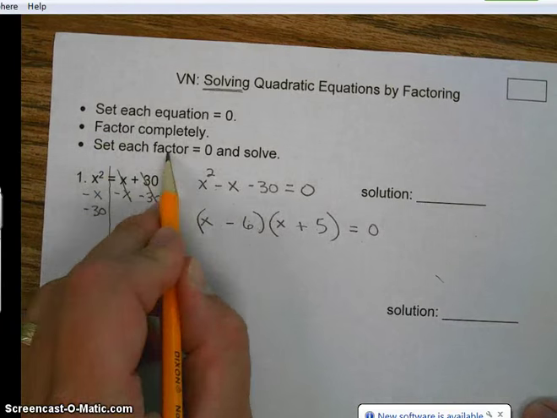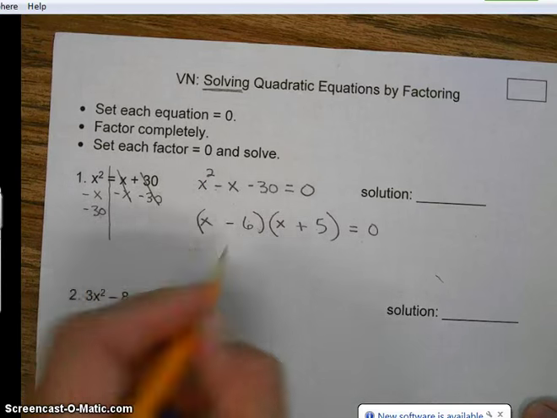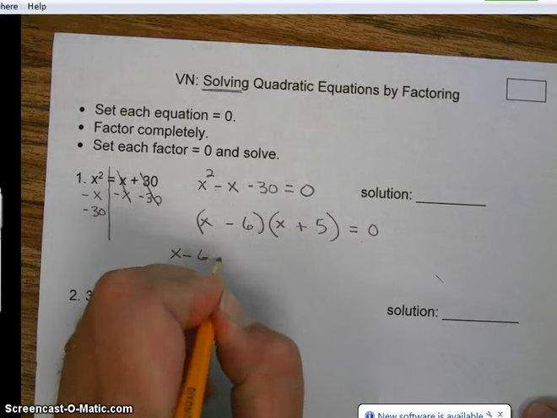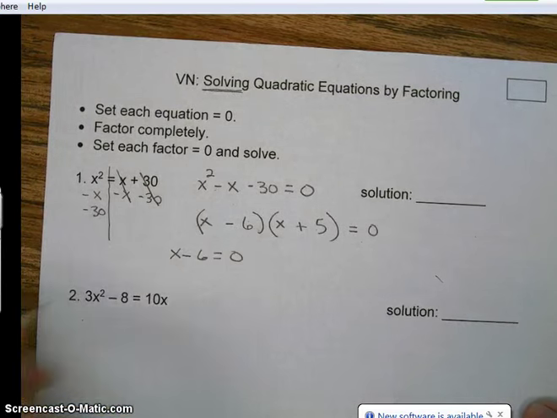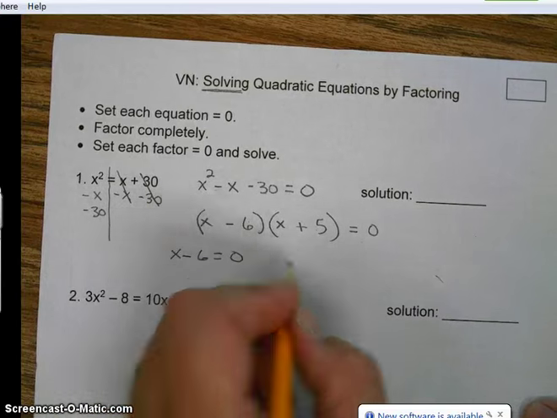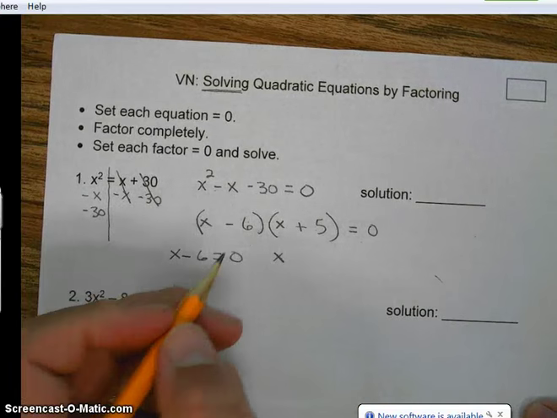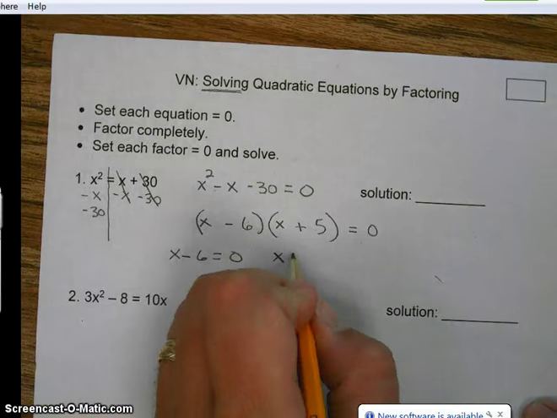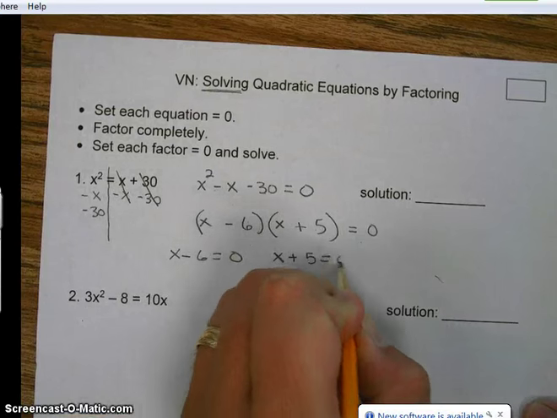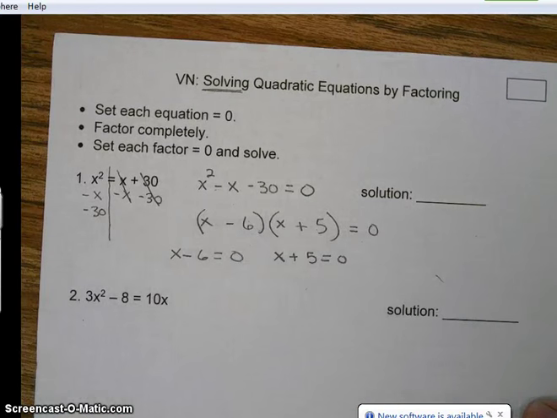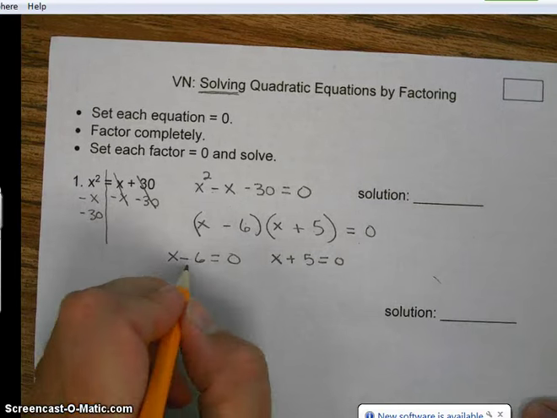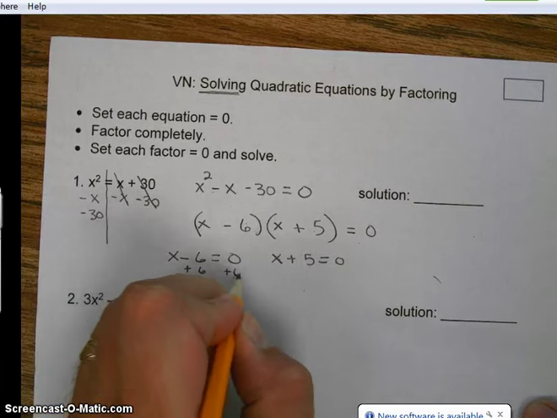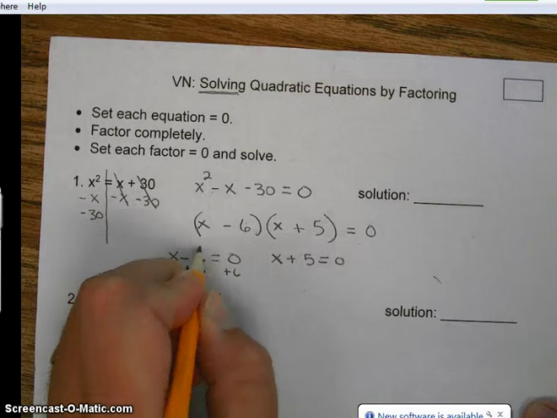Set each factor equal to 0. So we're going to start with x minus 6, set it equal to 0, and then the other factor. This is the zero product property that we're applying here, the zero product property. Okay, so adding 6 on both sides so we can solve for x, so we know that one solution is 6.